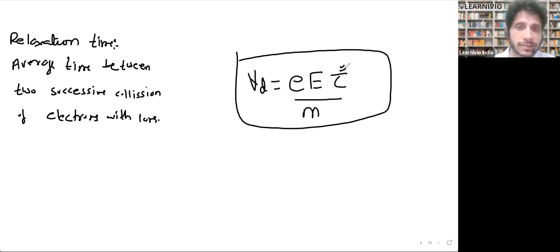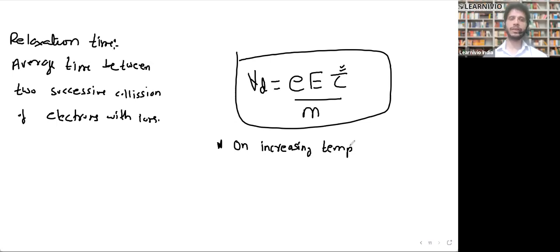See, this relaxation time controls the temperature dependence of resistance. The resistance of a body changes with temperature, and that dependence is mostly controlled by this tau. There are a few conceptual questions on this topic. When I increase temperature, thermal energy increases.